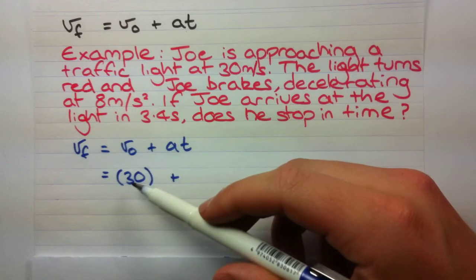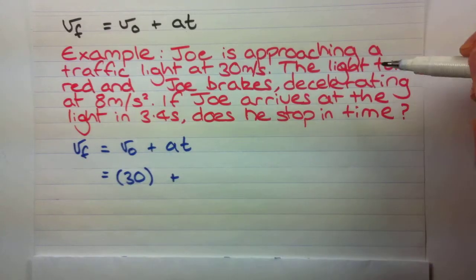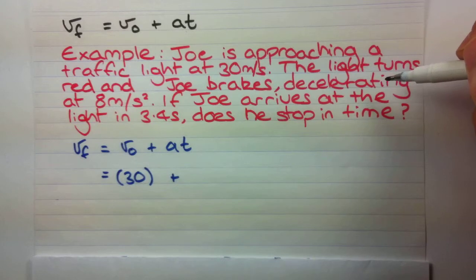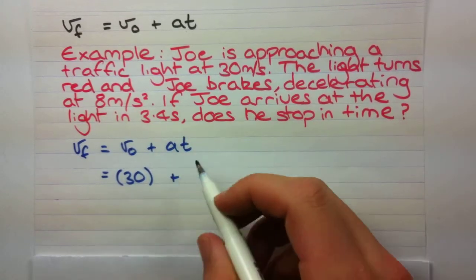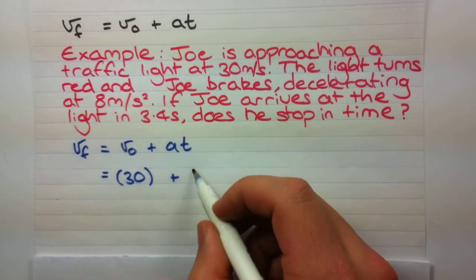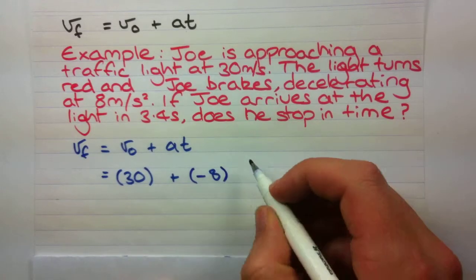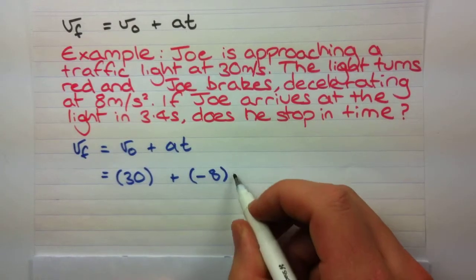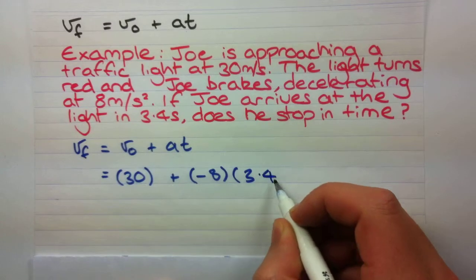So if the velocity we've defined going forward as positive, we've actually got to define deceleration going backwards as negative. So rather than just being 8 meters per second squared, this is actually minus 8. And the time, 3.4 seconds.